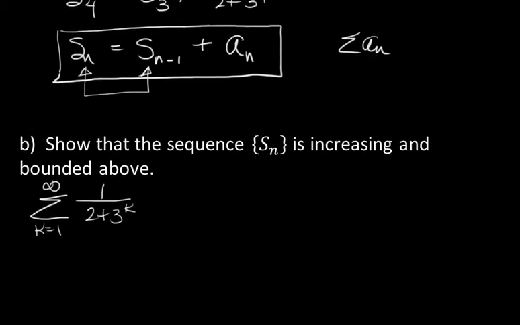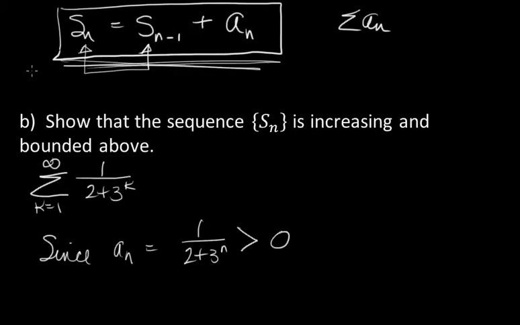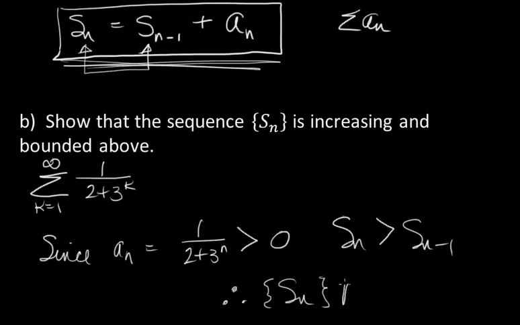Well, by this relationship that I wrote up there, since a sub n, which is 1 over 2 plus 3 to the n, is always greater than 0, we know that Sn will always be greater than Sn minus 1. And that's what it means. Therefore, Sn, the sequence of partial sums, is an increasing sequence.